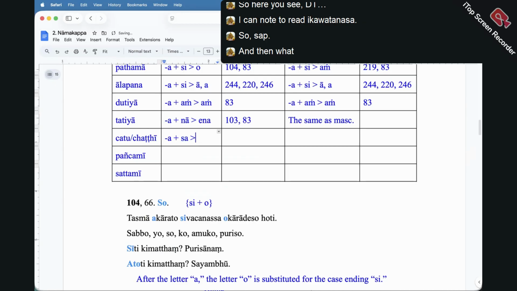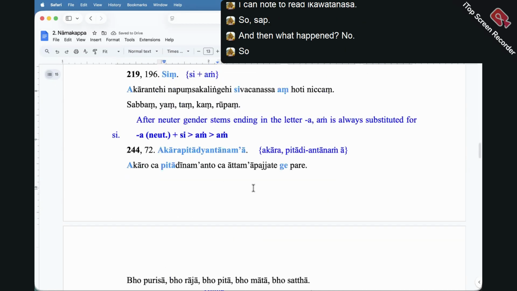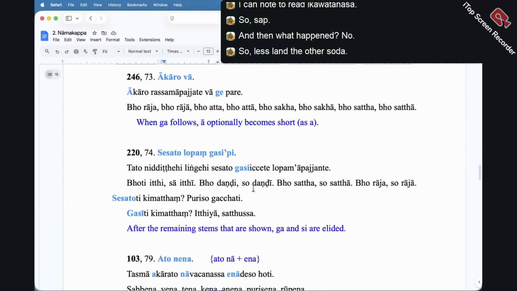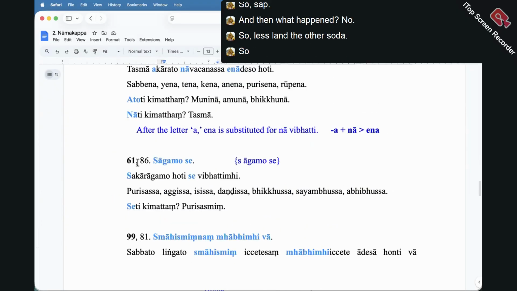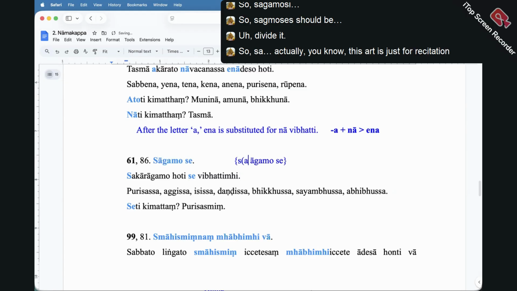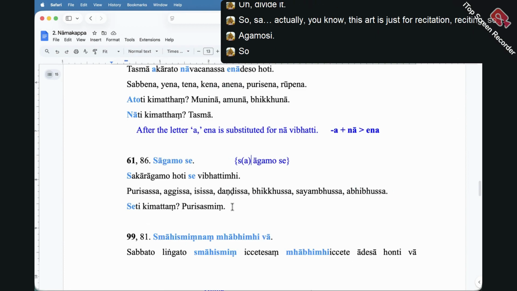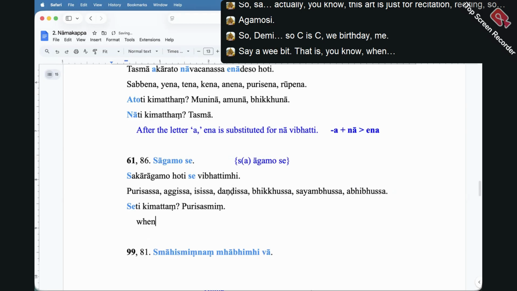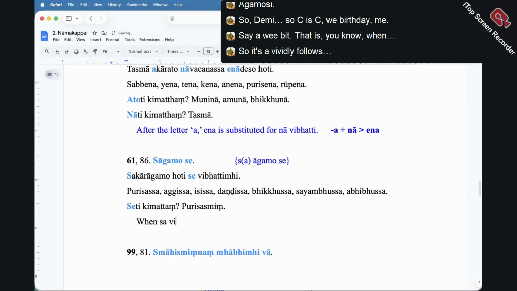And then what happened? Now let's learn another sutta. Sutta number 61, Sagamosi. So Sagamosi should be divided. Actually this is just for recitation: Sa, Agamo, Si. That means when the 'si' vibhatti follows.